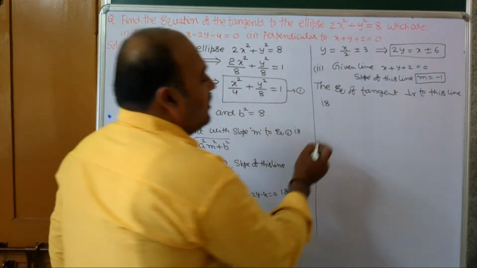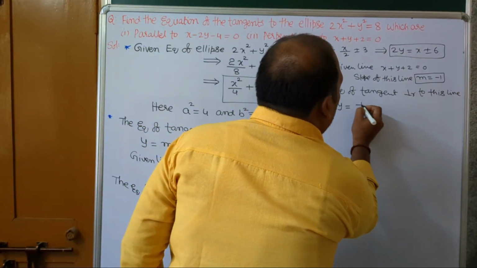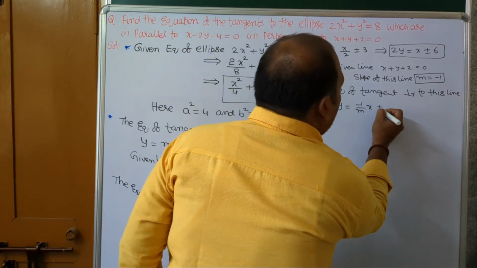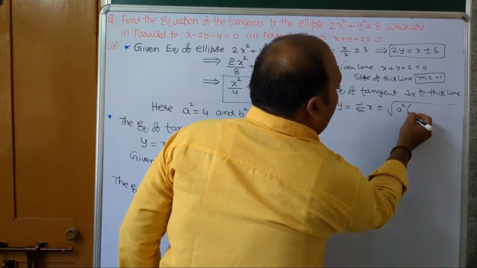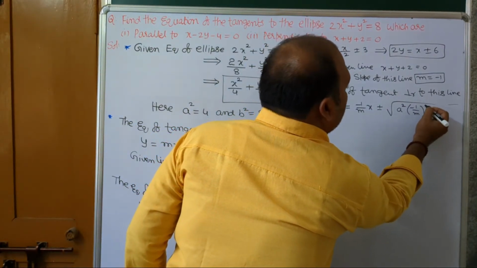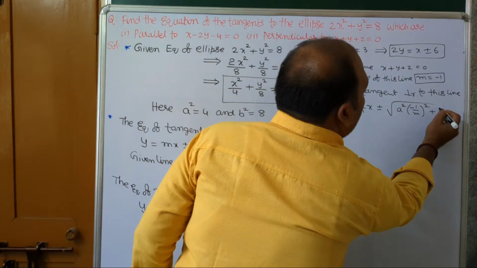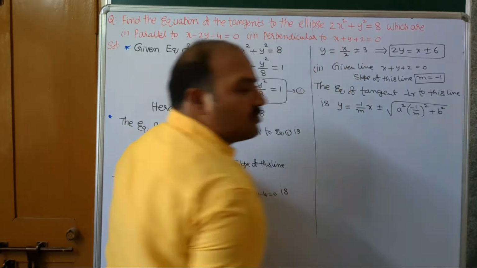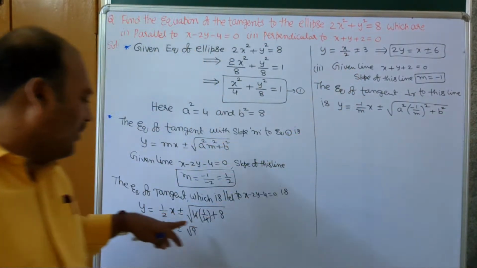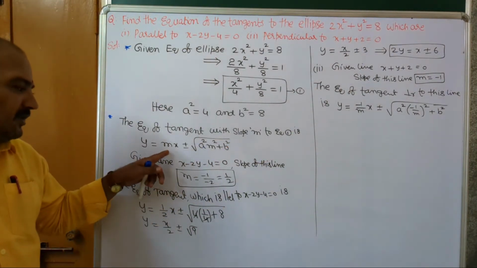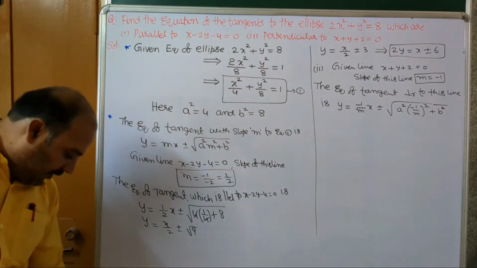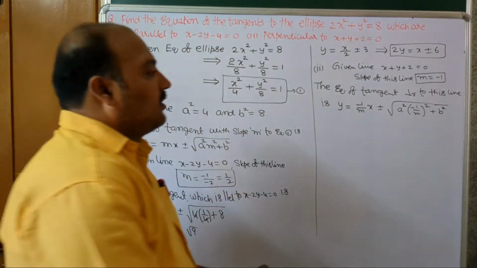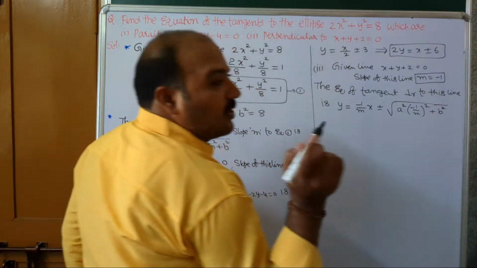Perpendicular means y is equal to minus 1 by m into x plus or minus root over a square into minus 1 by m whole square plus b square. Same formula. For parallel, the same formula we can apply, wherever m is there, replace it with the given value of m. If it is perpendicular, wherever m is there, we have to write minus 1 by m.